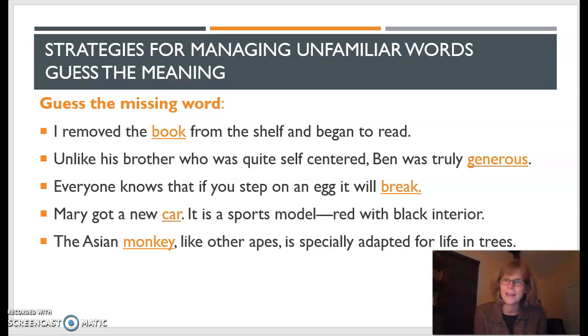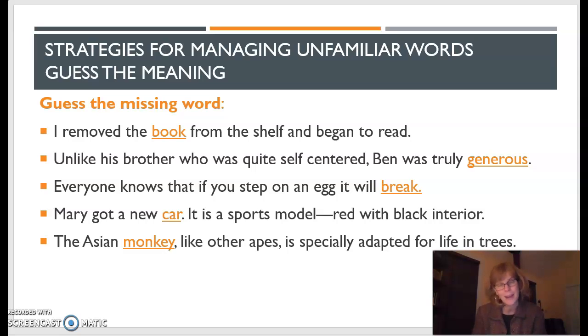In the second one, I guessed something like generous, and that's because I have this clue that he is unlike his brother. So I'm going to get the difference, right? The opposite. His brother was self-centered, and that means Ben is giving, generous, caring.